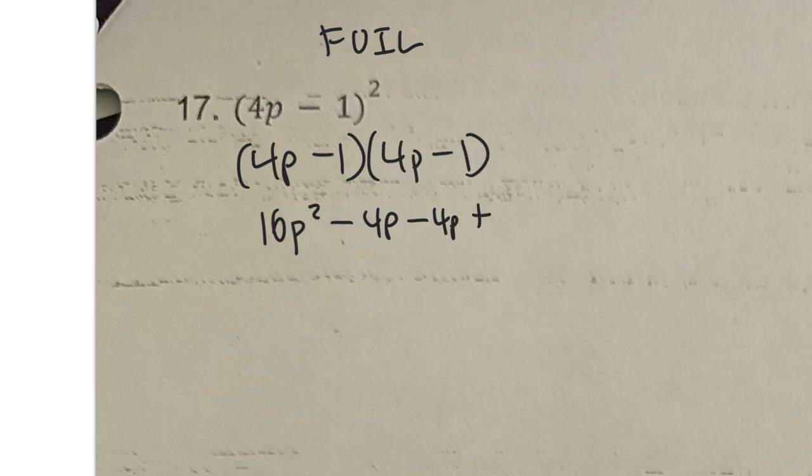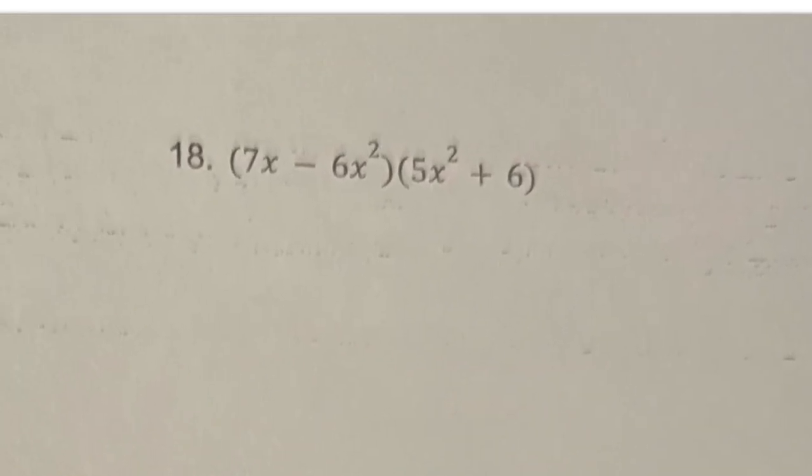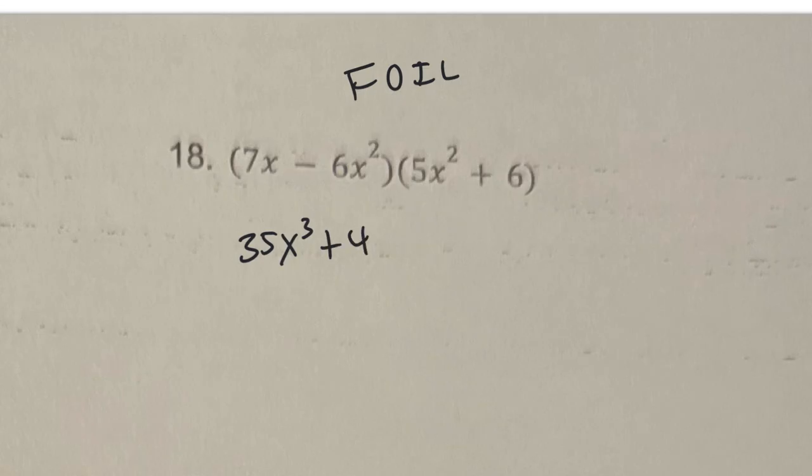Last times last would give us plus 1. Of course, combining like terms, we have 16p squared minus 8p plus 1. That should do it. Also FOIL, right? Still a binomial times another binomial. So first times first would give us 35x to the third. Outer times outer would give us plus 42x.